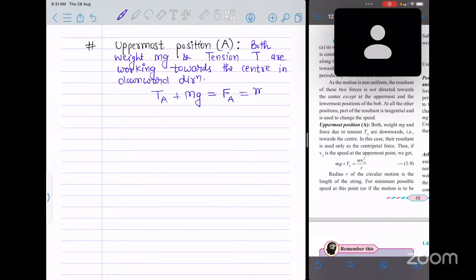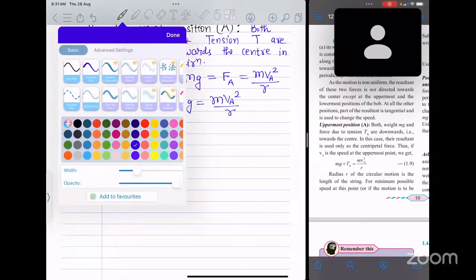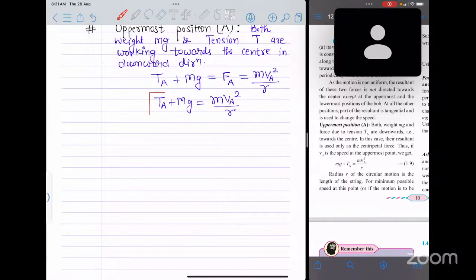So this will become m va square, va for the point A, divided by r. It doesn't matter what the point is; if it is on a circular path, radius will be the same for each point. So the equation is TA plus mg is equal to m va square divided by r.